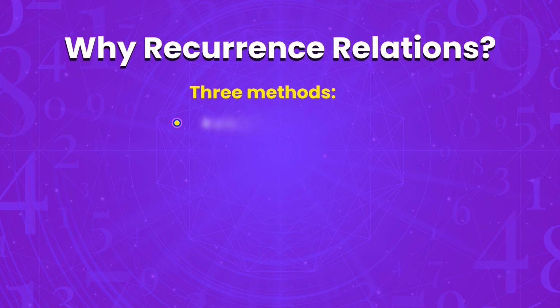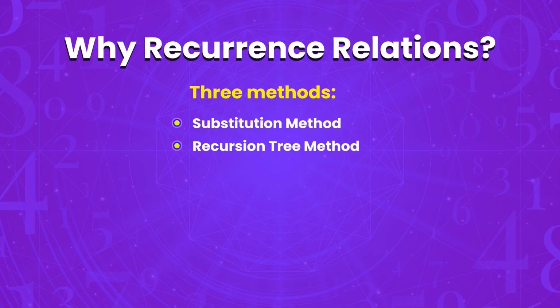The first one is called the substitution method. Then we'll discuss the recursion tree method in this session. However, we will not discuss the third method, the master method. We will take another session on the master method, which is a slightly more elaborate method, in the next session.